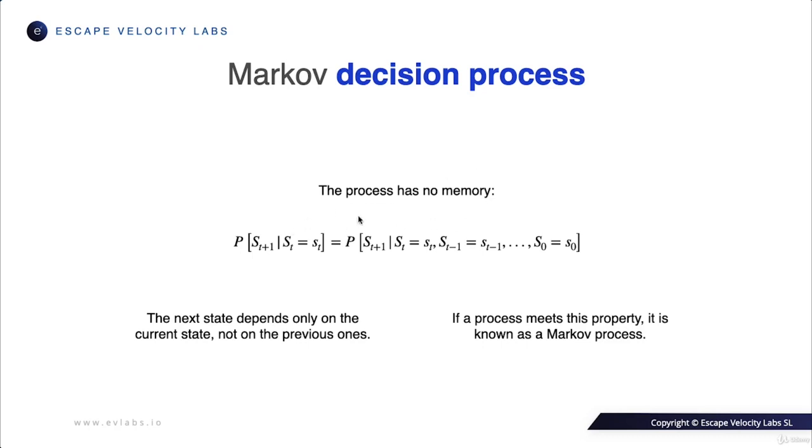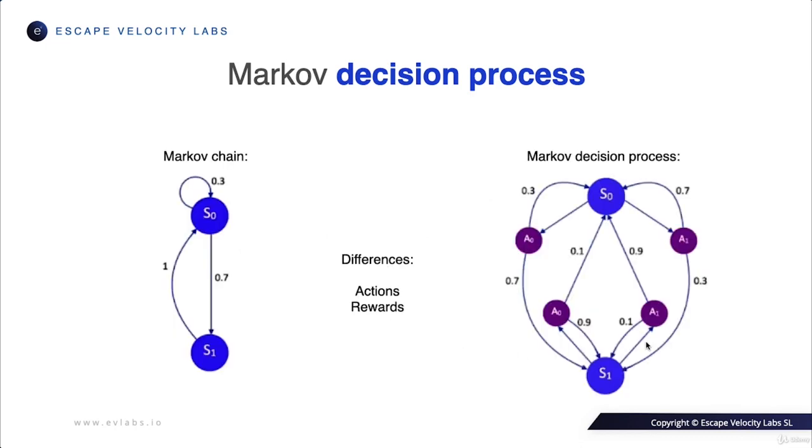That is exactly what this expression here is trying to tell us. The process has no memory. If a process satisfies this characteristic, it's known as a Markov process. In fact, the Markov decision process is an extension of a process known as a Markov chain.